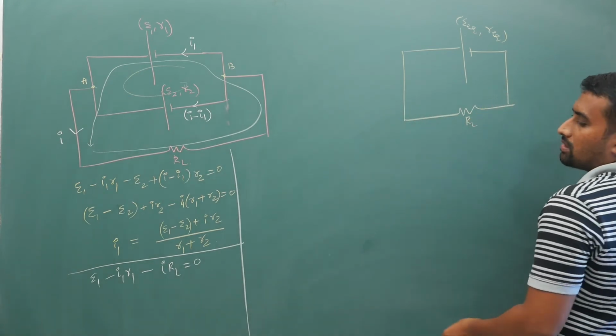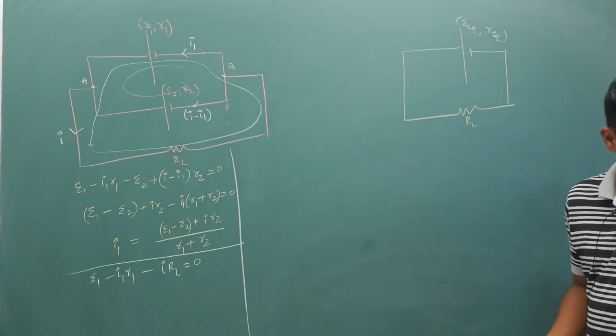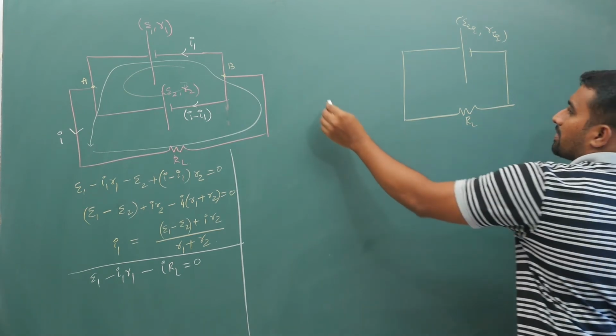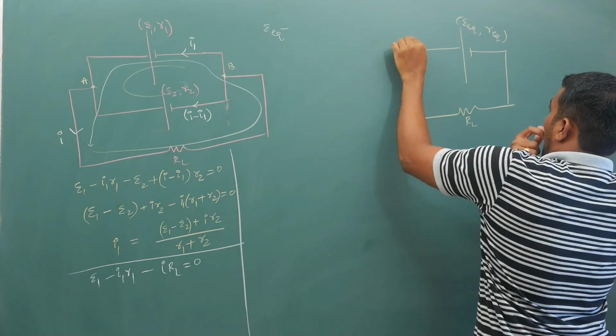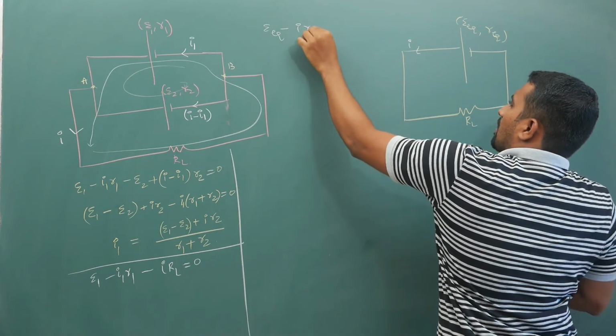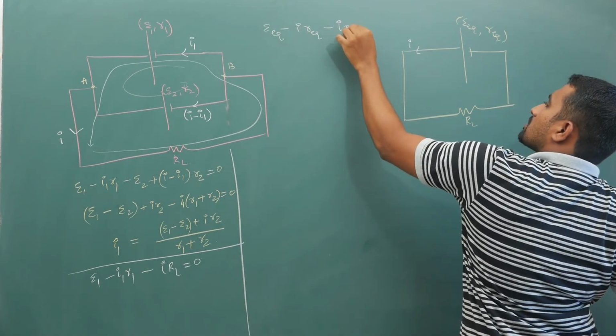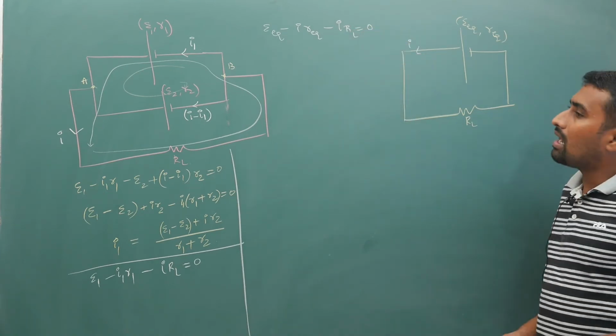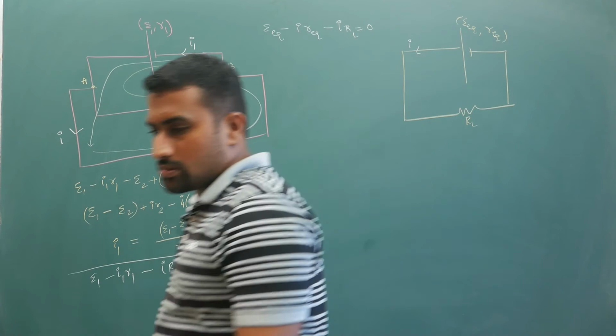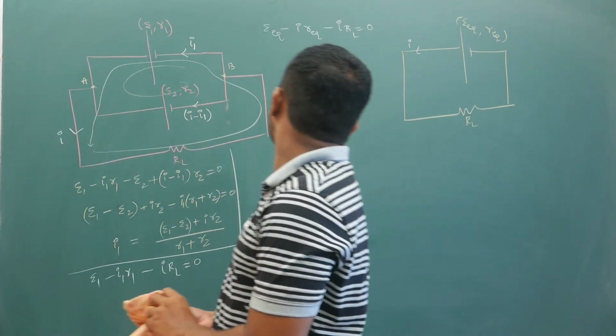That will give me my final equation: equivalent EMF minus I times R equivalent minus I times R load is equal to 0.